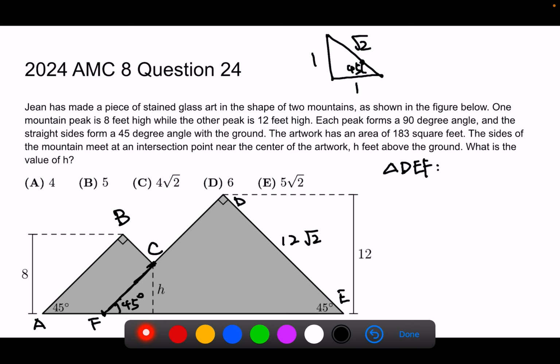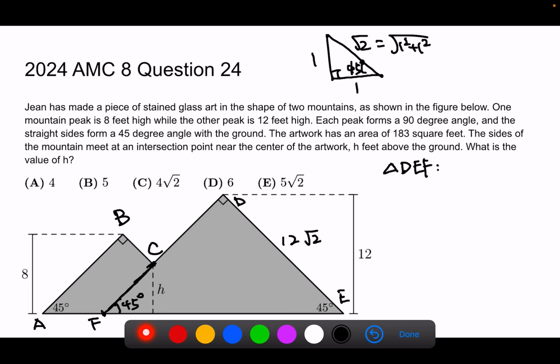Remember this relationship. The two sides are equal, so 1 and 1, and then you can use the Pythagorean theorem to find the hypotenuse: square root of 1 squared plus 1 squared equals root 2. In this case, 12 and 12 root 2.